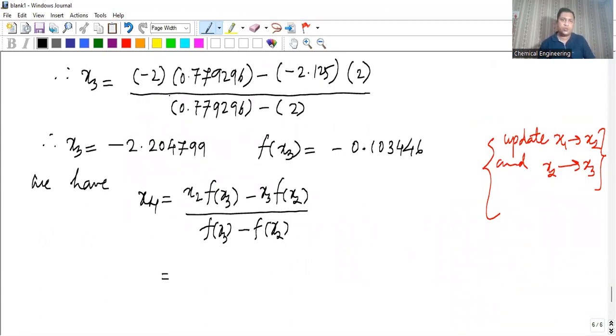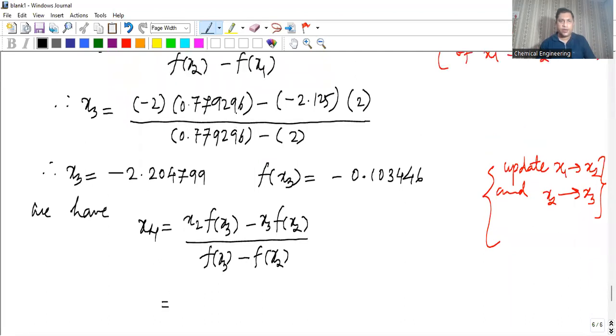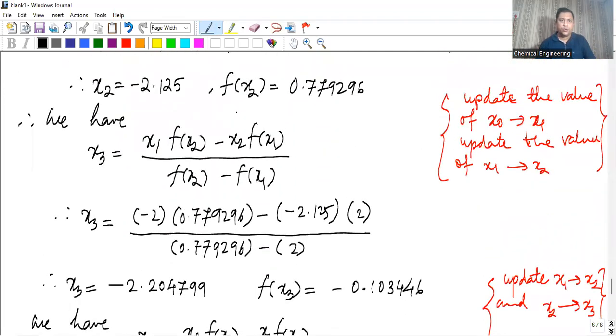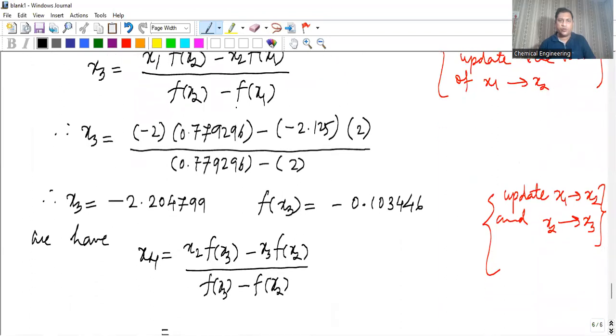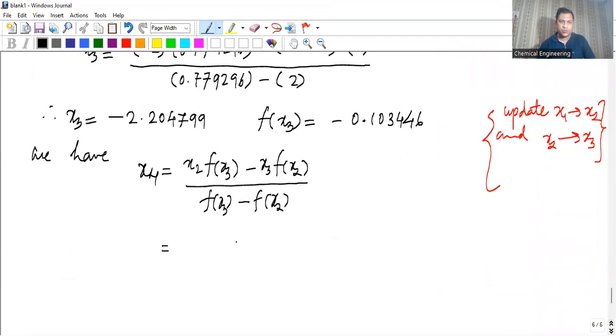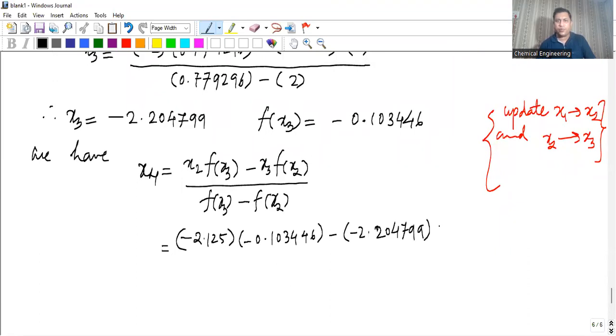What is x2 we have? So x2 is minus 2.125. F of x3 that we have calculated here is minus 0.103446, minus x3. So it is minus 2.204799.